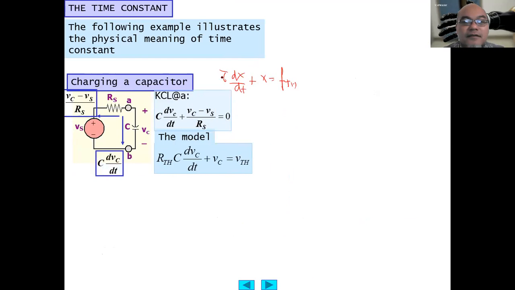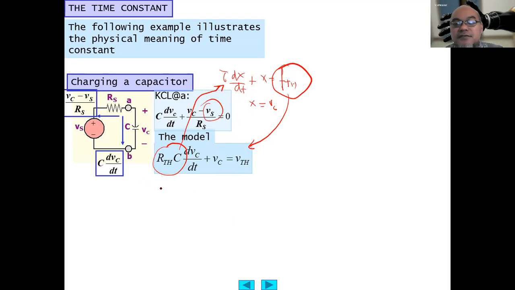From here, x is now VC. You want to know the capacitor voltage. The tau becomes R_th C, and the forcing function is basically the voltage source, because Vs was moved to the right hand side of the equation.